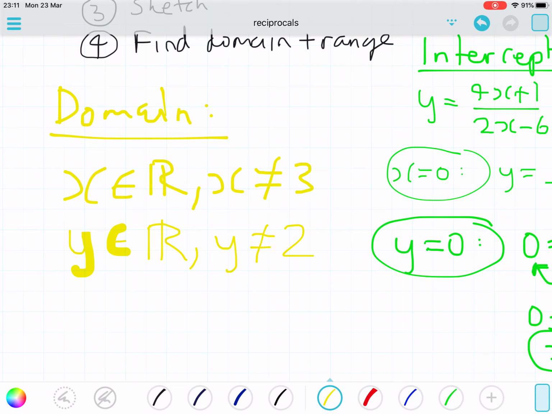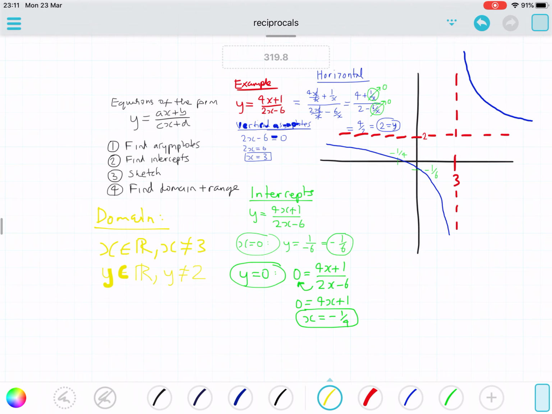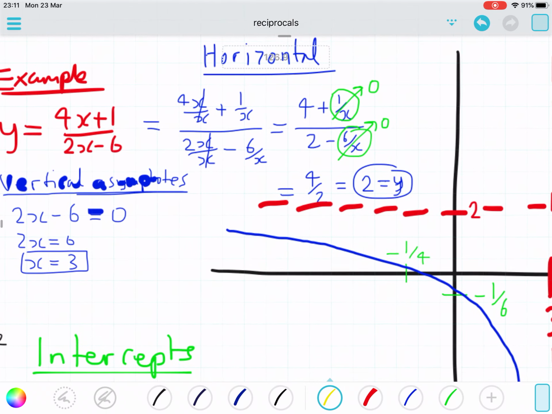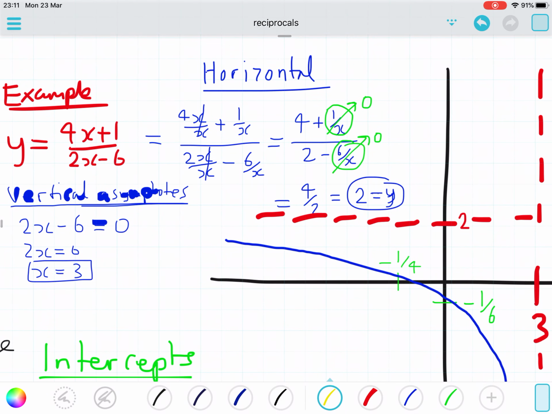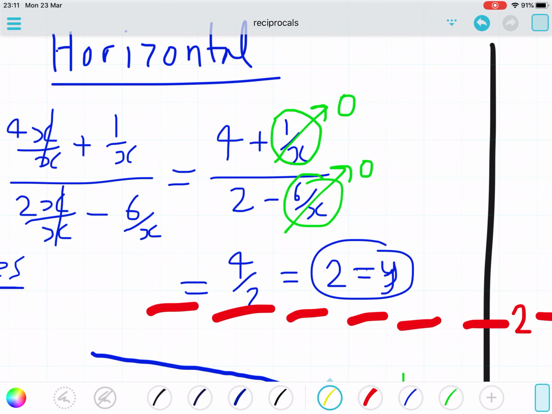Okay, so finally, I just want to give you the generalization of this. If you look at the way we found the asymptotes, you see we got that y equals 2. Well, how did we get that? Well, we got that by ignoring these two and just doing 4 divided by 2.